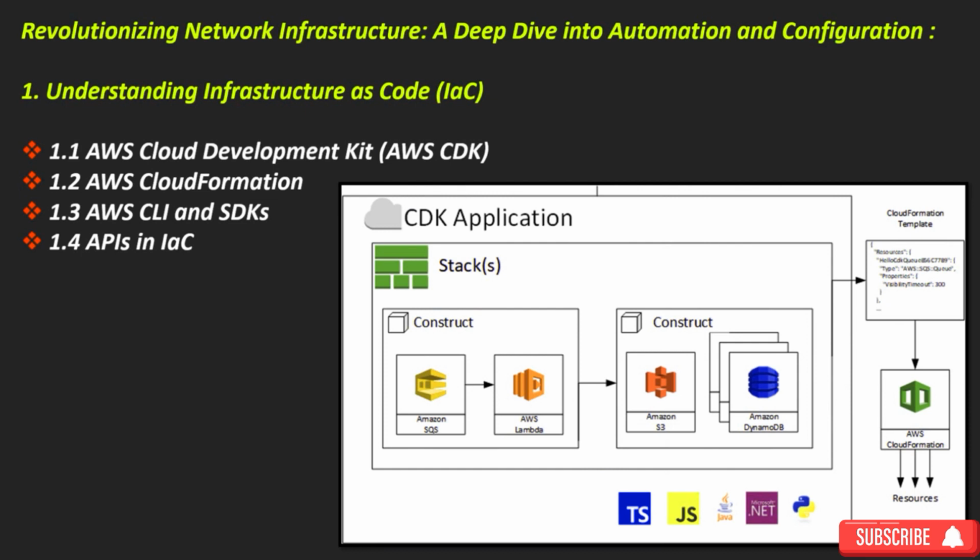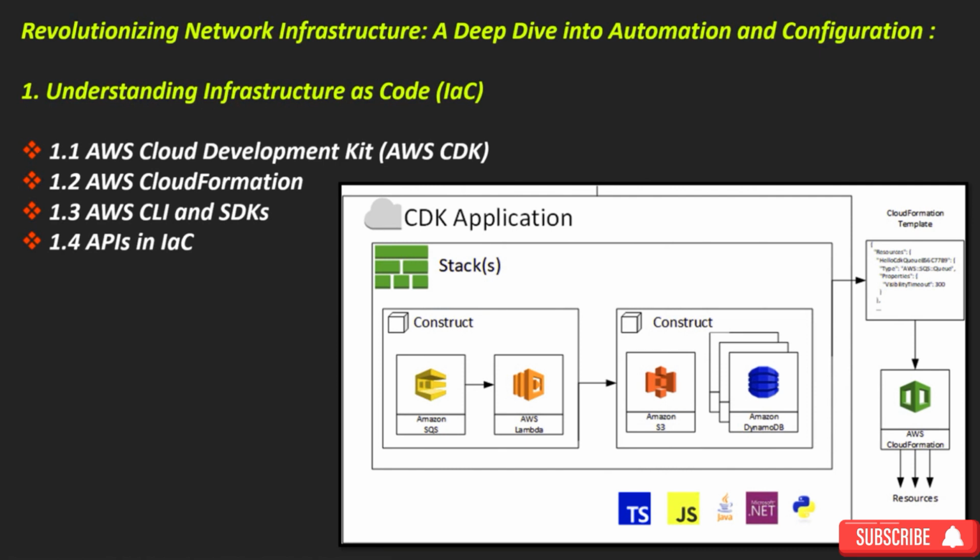To meet these demands, businesses are turning to automation and configuration tools that not only streamline processes but also enhance reliability. So, in this lecture, we will explore the key concepts and technologies involved in automating and configuring network infrastructure, with a focus on infrastructure as code, like IaC, and the challenges associated with hard-coded instructions in cloud networking resource provisioning.